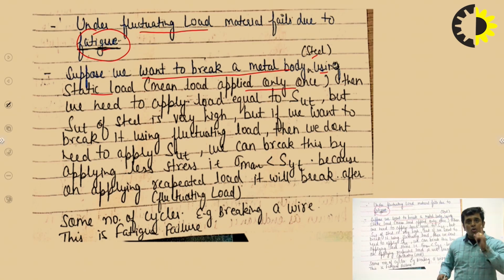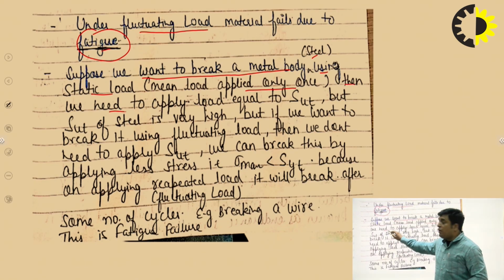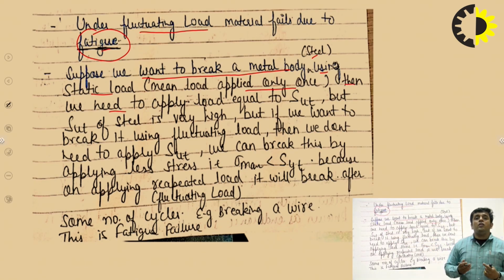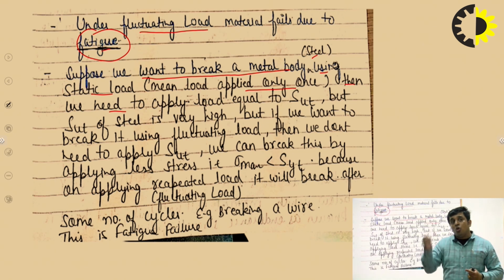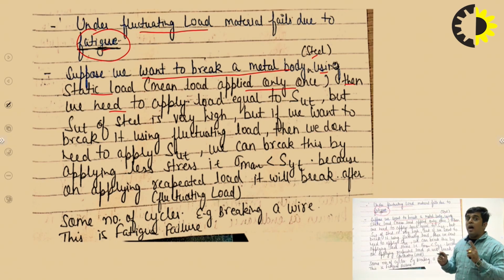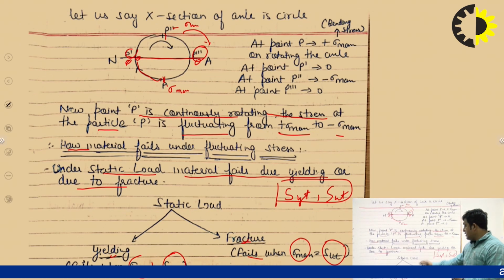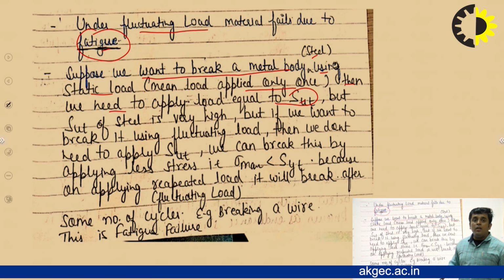If we need to fail the material by static loading, applied only once, then we need to apply a stress equal to SUT of steel, because this is the fracture strength, and we know that in static load the material fails due to fracture or yielding. But the SUT of steel is very high.